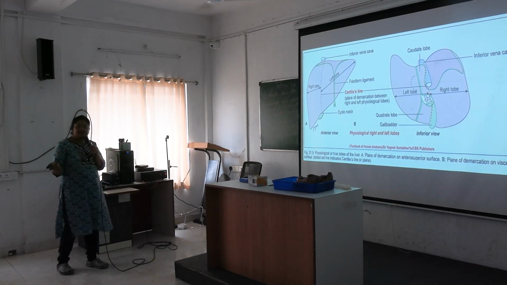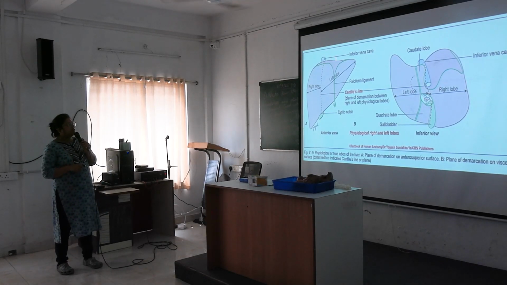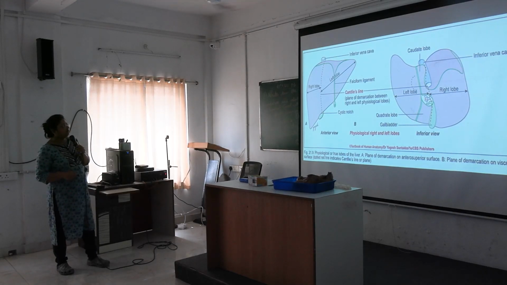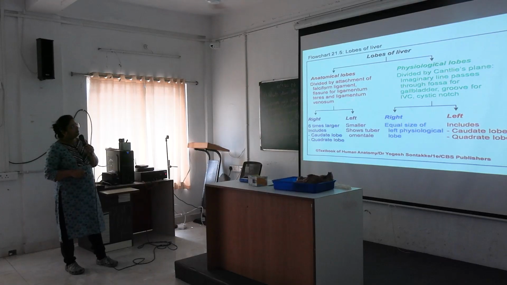The anatomical right and left lobe division is done anteriorly by the attachment of the falciform ligament and posteriorly by the fissure for ligamentum venosum and fissure for ligamentum teres hepatis. So these are the anatomical lobes.